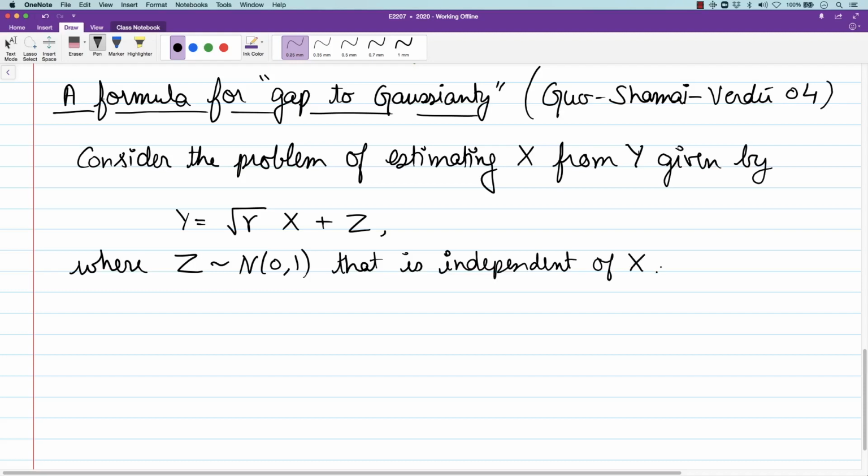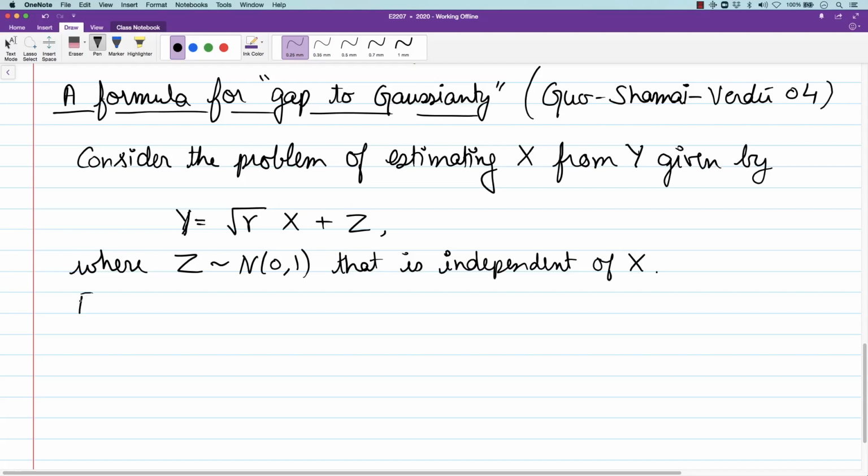Okay, so x can have any distribution. X is a real valued random variable, and we look at this observation y, which is some scaled version of x plus some noise, Gaussian noise. We want to estimate x from this noisy measurement, and we want to do this under a mean square error criterion.